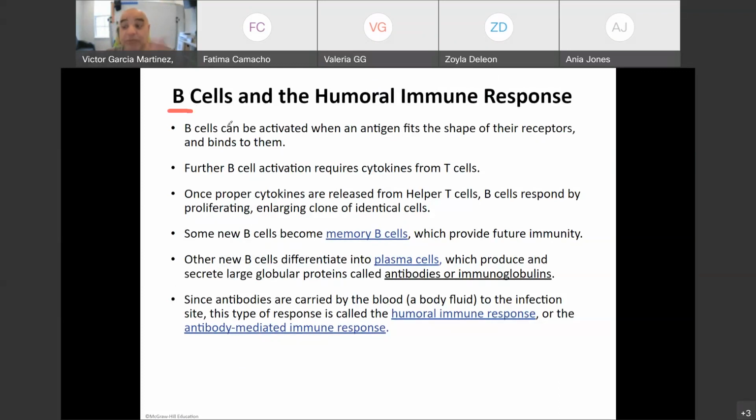Then after maturation, they're going to have two kinds of cells. One is going to be the snitch, saying, no, I'm going to kill you, because we need to remember the previous contact with the cell. And the other kind of cell is plasma cells.